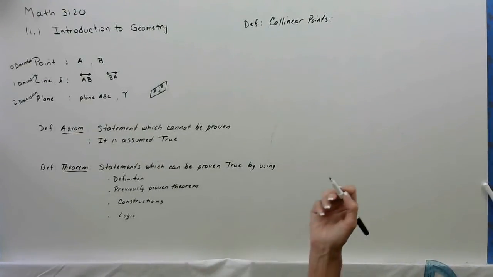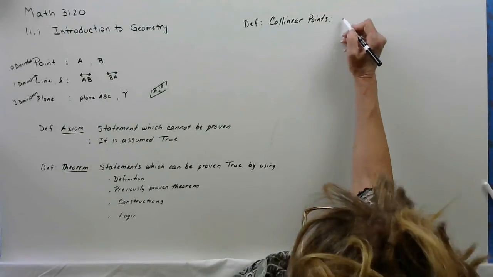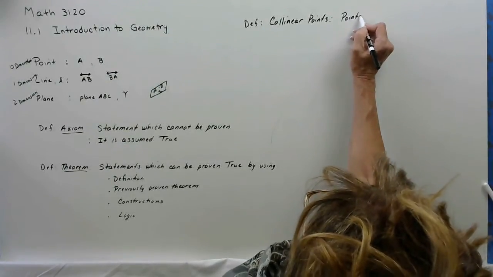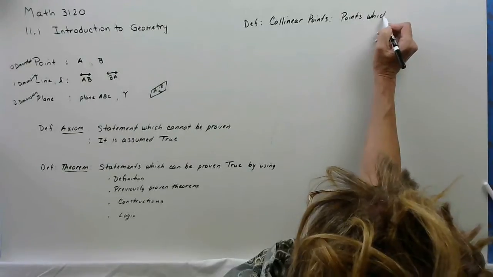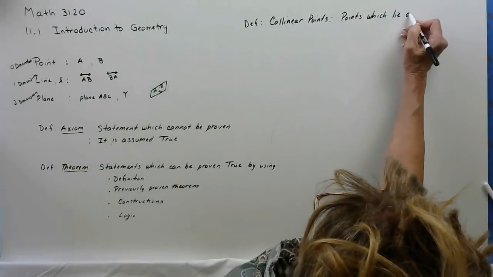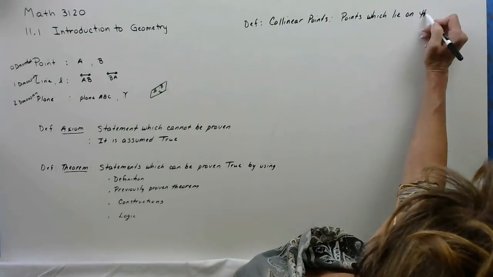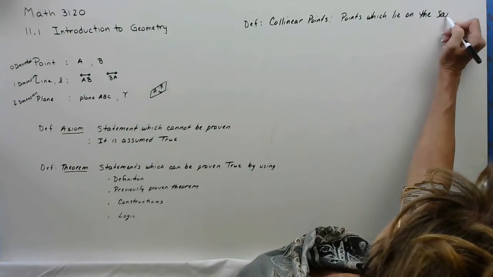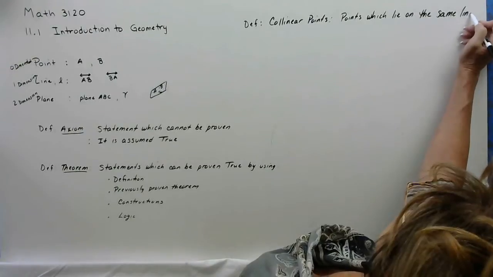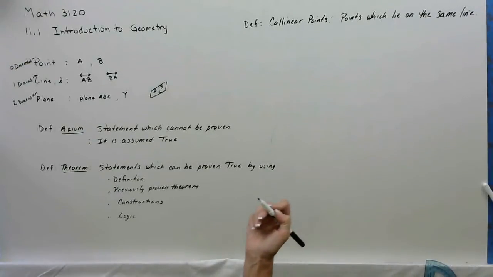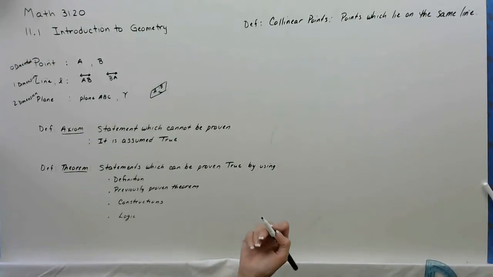So these are points which lie on the same line. All right, so any 2 points that are on the same line are considered collinear.